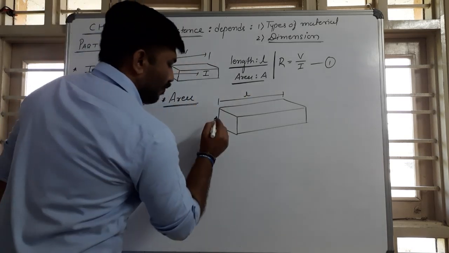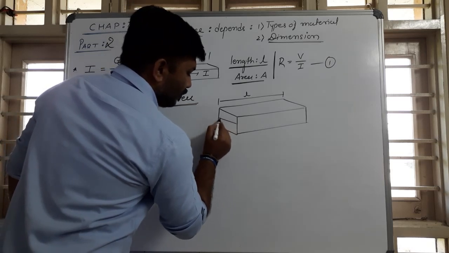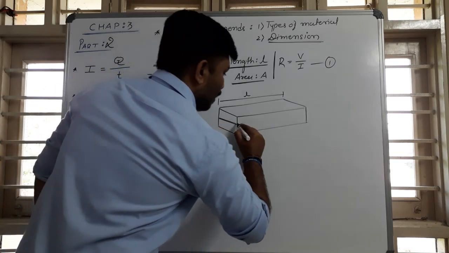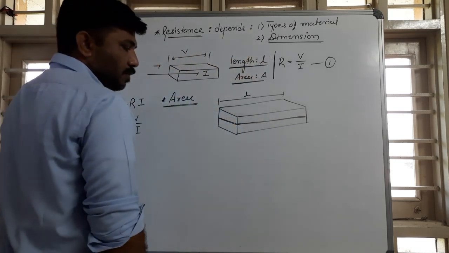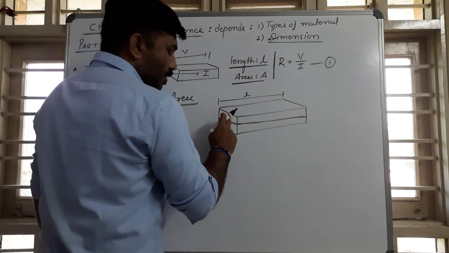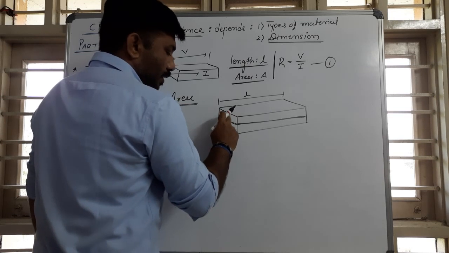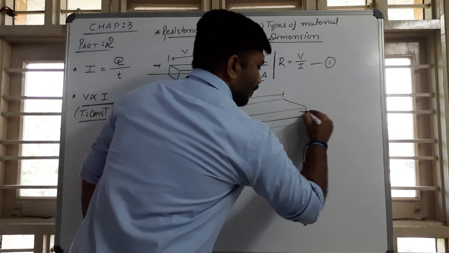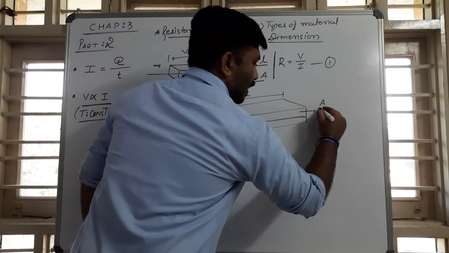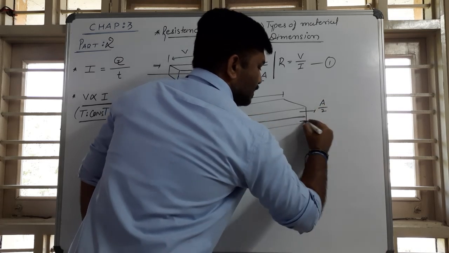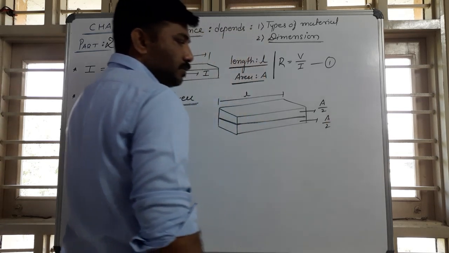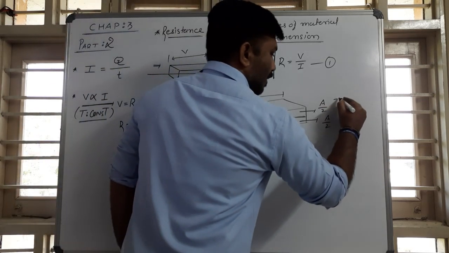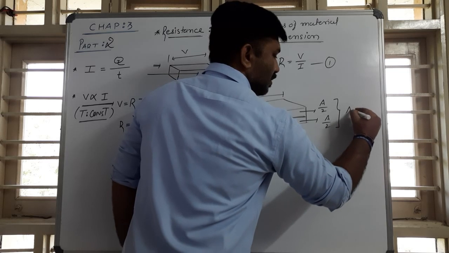Now we are going to halve the area. So you have two conductors, where the first part has area A by 2 and the second part has area how much? A by 2. So the total area becomes as it was, A.